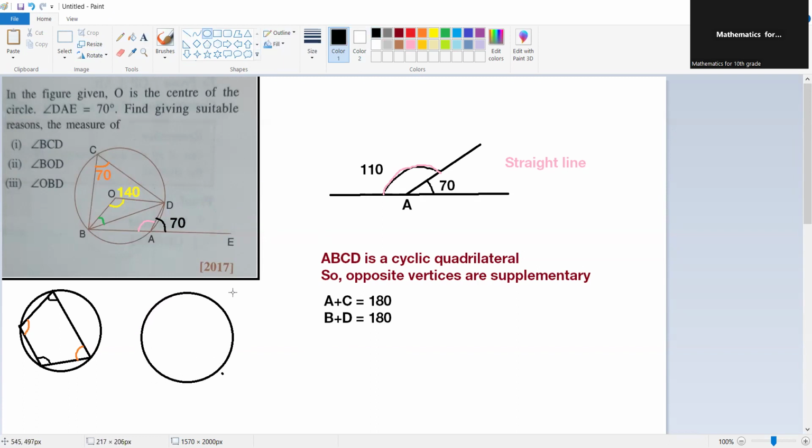If this is the center of the circle, the angle subtended by an arc, which is BD in our case, on the circle, so we are talking about this angle C, is half the angle subtended at the center.